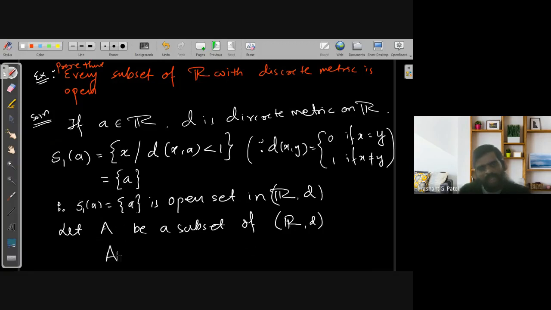Then I can write A as a union of all the singleton sets {a} where a belongs to A. And we have already proved that the arbitrary union of open sets is always open, because a singleton set is open in this space. So as per that result, we can say that this A is also open, and A is any subset I have taken. So it's proved that any subset of a discrete metric space is open.